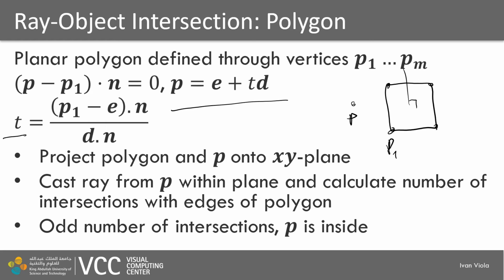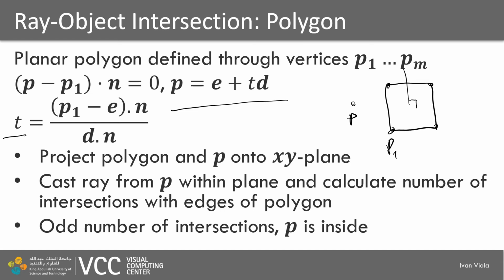In case the ray is parallel to the plane, or orthogonal to the normal of the plane, then we will not find any solution. But if the line is not parallel to the plane, then we will find some intersection point.